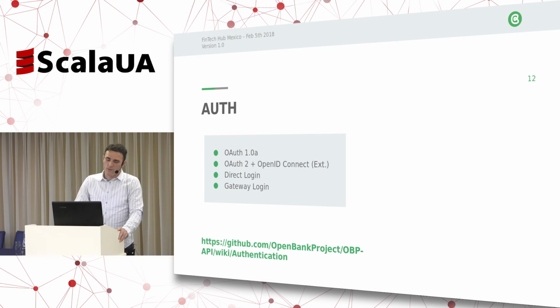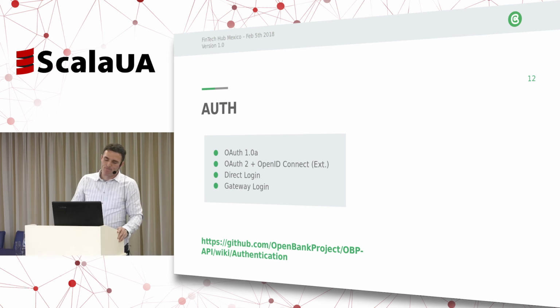OAuth 2, we also use, but the Open Bank project is not the server. We use some external server, in this case Mitra ID as a demo, but we expect that in future banks will want to secure customers' data, and they will provide us some authorization server and authentication server.